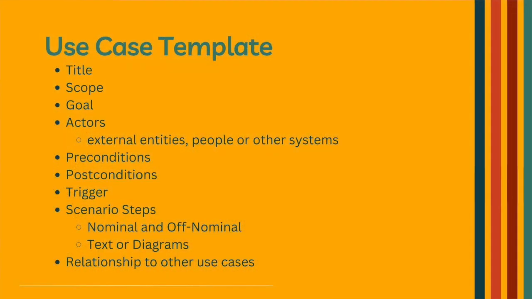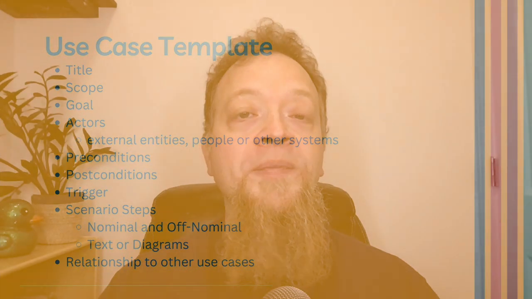And finally, in your use case template, you want to capture what the relationship is to the other use cases. I mentioned generalization before about actors, and you could have a general sensor actor, and then a more specific one that has a relationship to it. Use cases can behave the same way. You might have a more generic interaction, and you might want to then have a specific iteration of it.